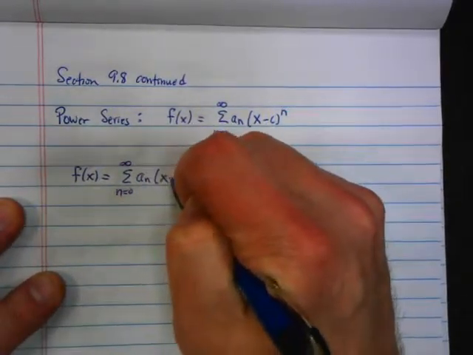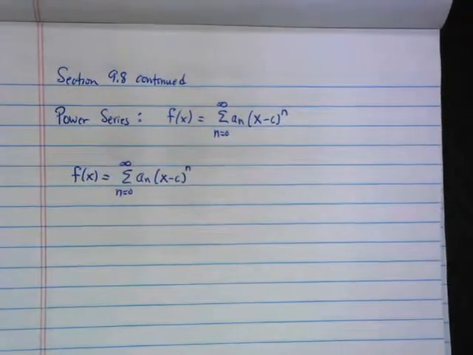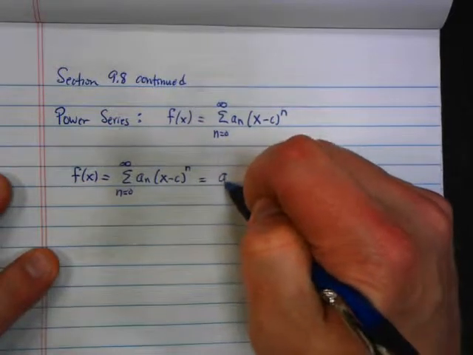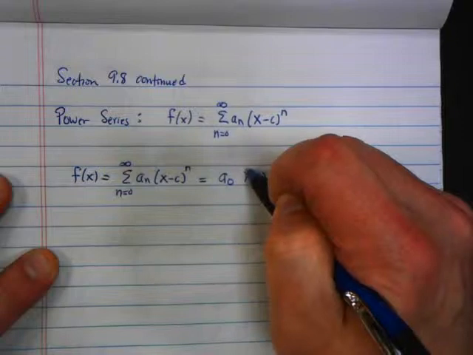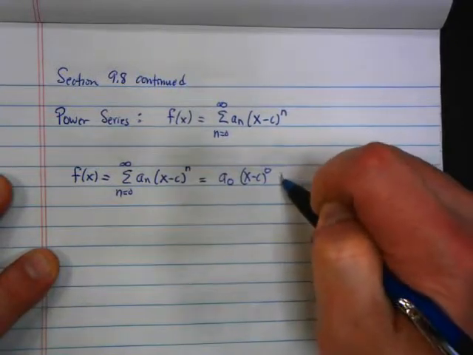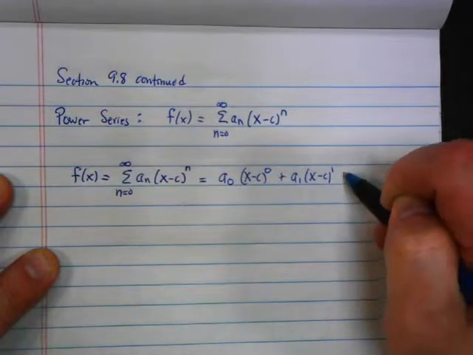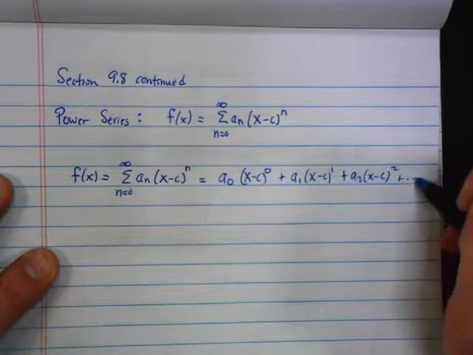Remember that a sub n is just a variable in a sense, but it has n in it, right? Not x. So this is a sub 0 times x minus c to the 0 plus a sub 1 times x minus c to the 1 plus a sub 2 times x minus c squared plus, and it goes on forever and ever.